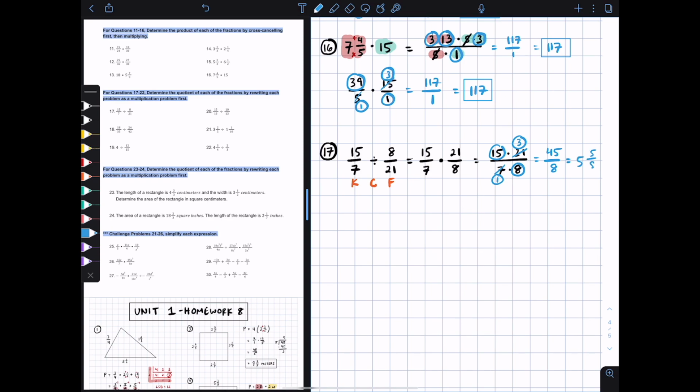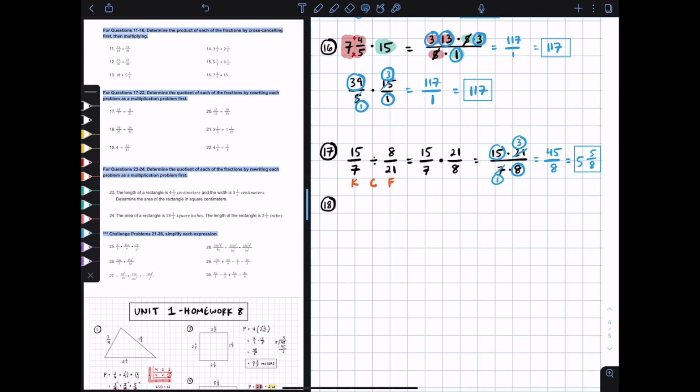So 5 and 5/8. I think that makes sense. I guess it doesn't have to be perfect, but I've already been doing it for every problem, you know? Okay, so there you go. That would be the division or the quotient of this problem here. That would be the answer, okay?